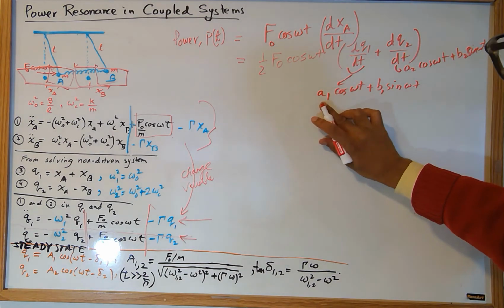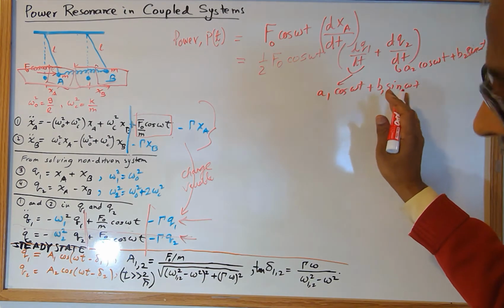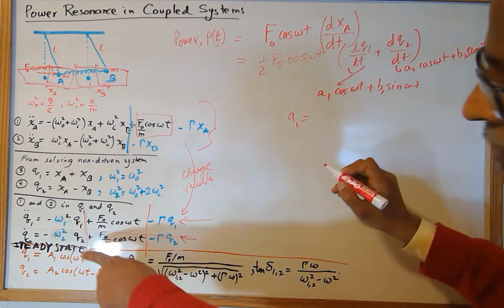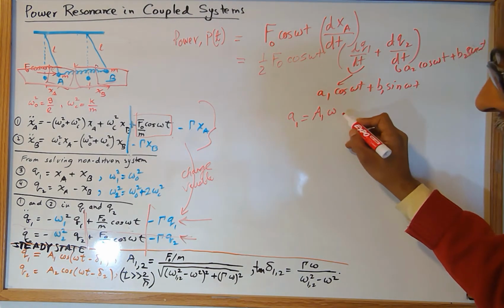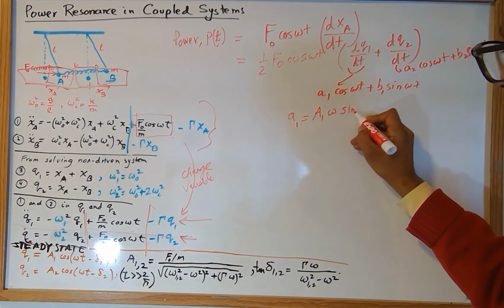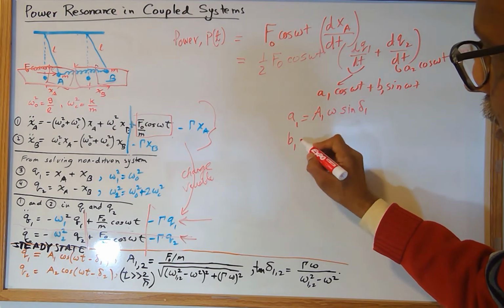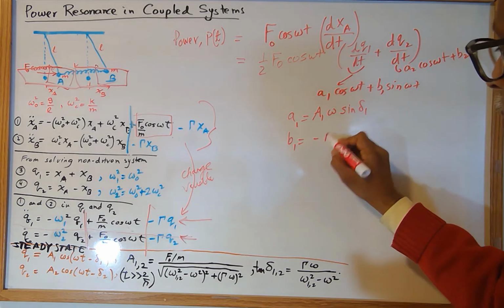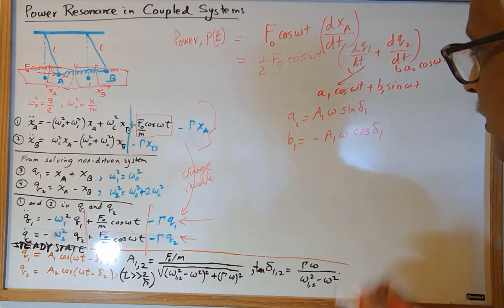What is a1? I take a derivative of the cosine part, I get the sine. So that's going to be in b1. So a1, the way I saw it, is a1 omega sine delta 1. What's b1? b1 is, I take a derivative with omega, that makes it minus a1 omega cosine delta 1.